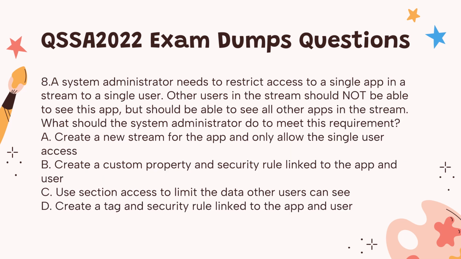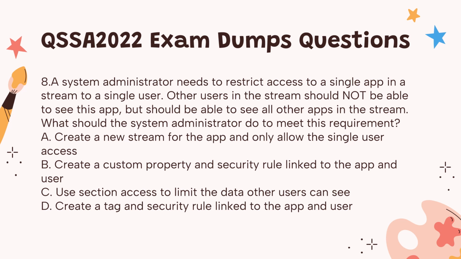8. A system administrator needs to restrict access to a single app in a stream to a single user. Other users in the stream should not be able to see this app, but should be able to see all other apps in the stream. What should the system administrator do to meet this requirement?